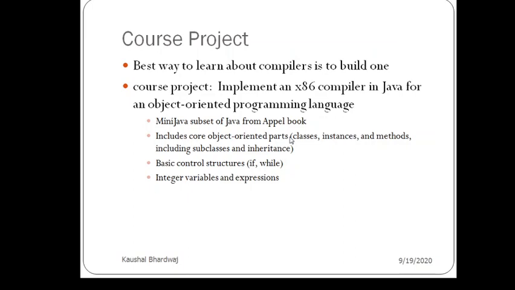Now, the course project. The best way to learn about the compiler is to build a compiler. So we will try to build a small Java compiler as the course project. By the end of this course, you should be able to make a small implementation of Java.